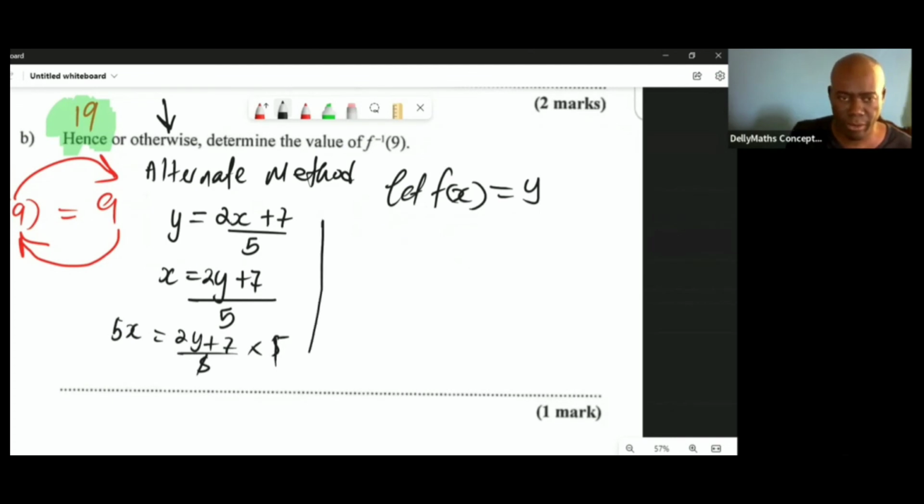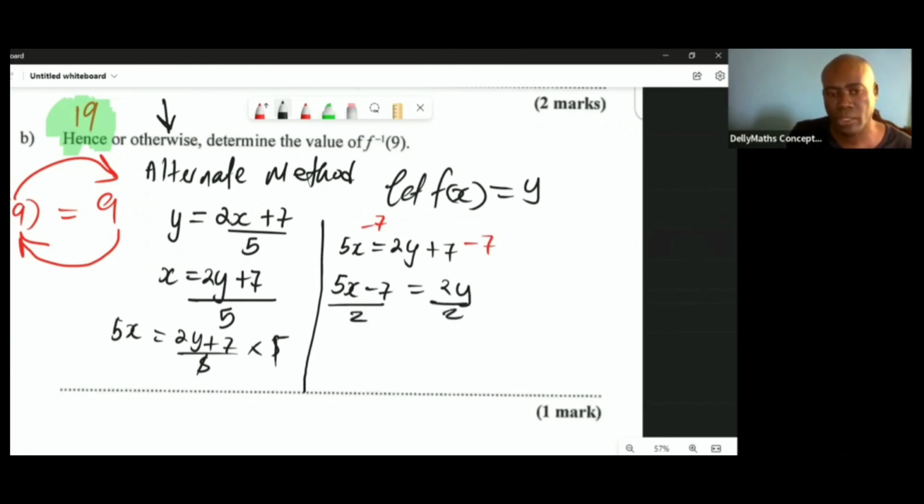So let me come over here. So I have 5x is equal to 2y plus 7, right? And then now I'll subtract 7 from both sides. So in subtracting 7 from both sides, I'll definitely have 5x minus 7 is equal to 2y. Then I'm going to divide by 2, divide by 2.